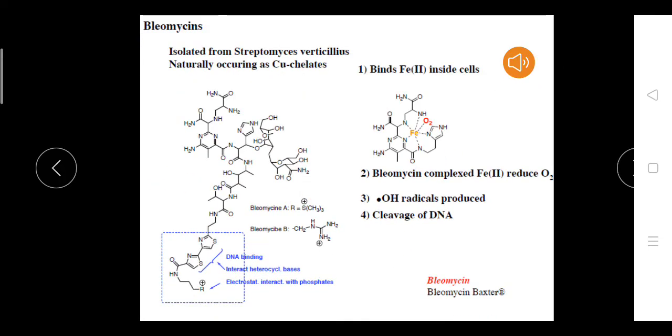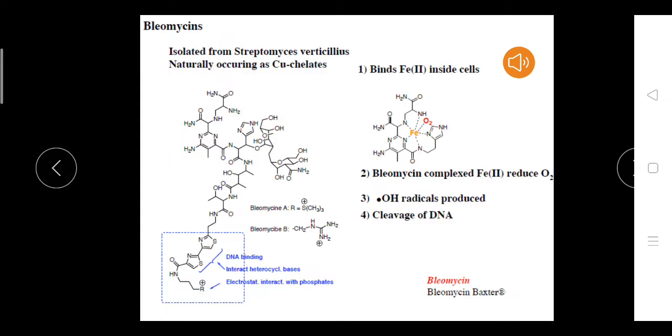It also has a side chain with amino acid L-histidine and L-threonine, which is attached to a bithiazole carboxylic acid and a methyl valerate residue. So this is the structure.